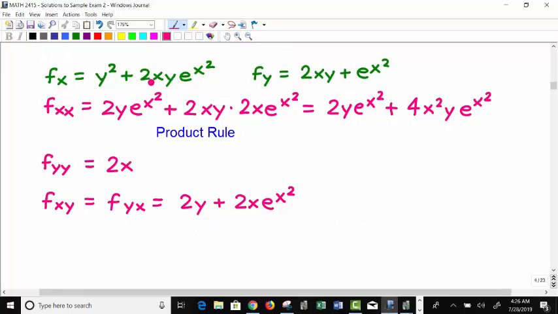So that turned out not being too bad, and you're just left with 2x e to the x squared. You don't have to, but if you took the f_yx partial and actually figured it out, it would yield this same result because the theorem says that they do equal each other every time.